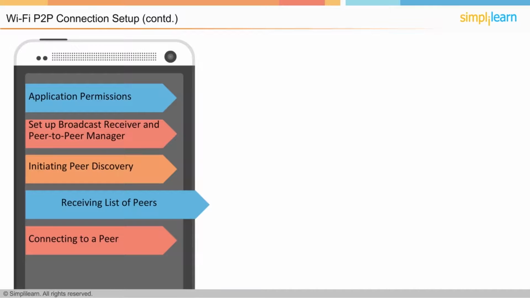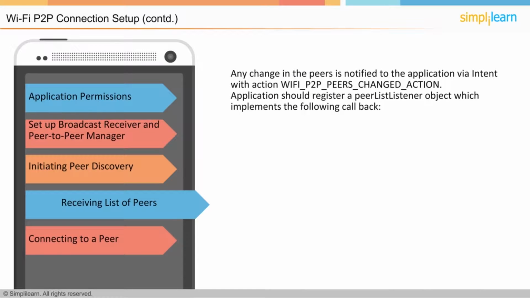After we invoke the discoverPeers API call, any change in the peers is notified to our application via an intent with action WIFI_P2P_PEERS_CHANGED_ACTION. Our application should register a peer list listener object, which implements the following callbacks.